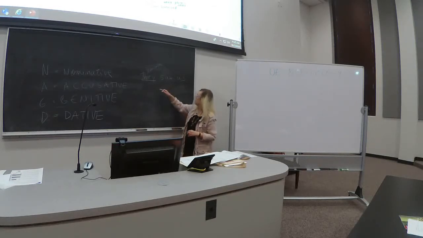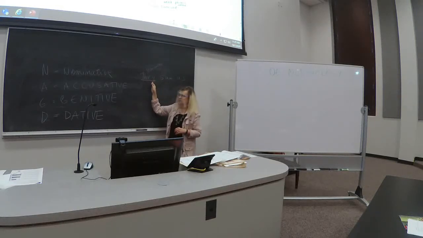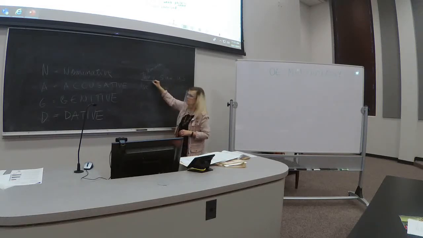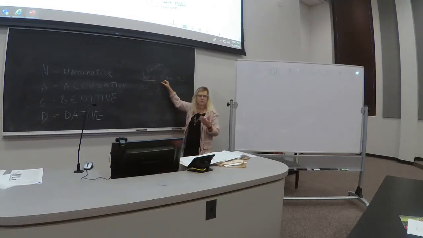So today we would say that "they" is the subject form of the pronoun. Now, if you say "we saw these people," this word would need to be in a different form in present day English. What is that? Yeah.